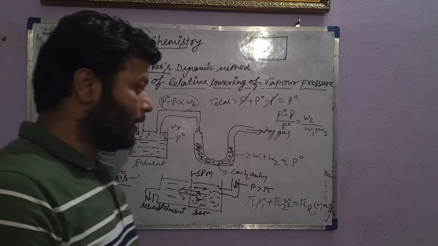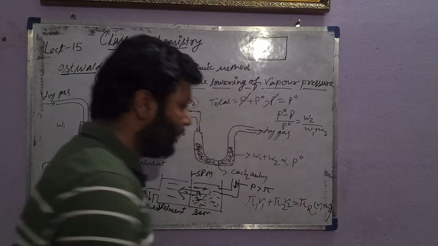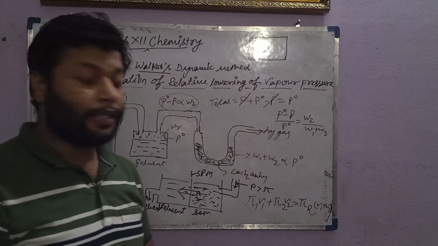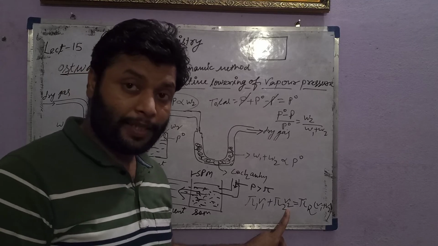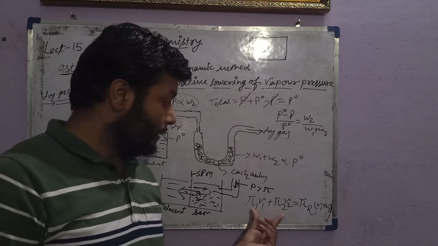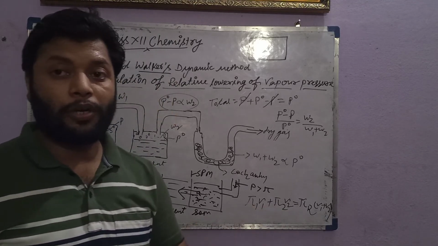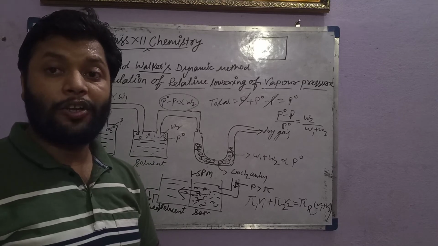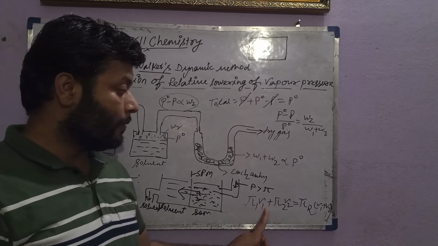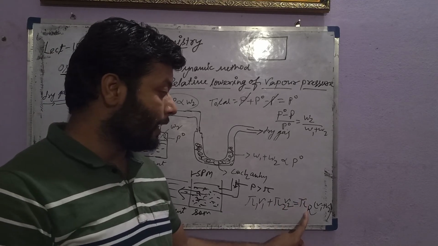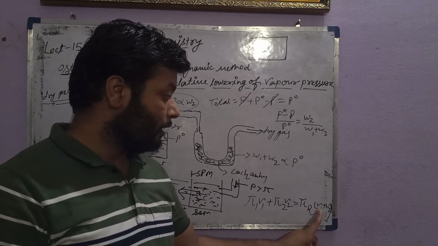Please note down this formula, because it is applicable when two solutions having different osmotic pressures but the same solute are mixed together, and you have to find the resultant osmotic pressure: pi 1 V1 plus pi 2 V2 equals pi R, the resultant osmotic pressure, times V1 plus V2.